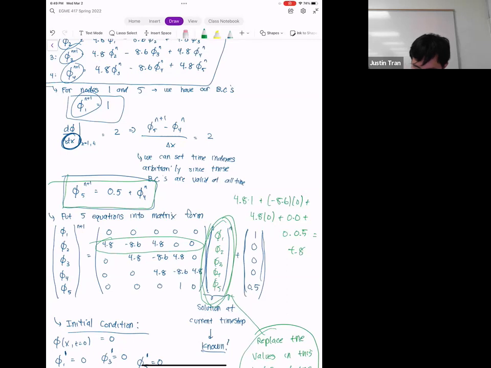Since we have phi 4 on the right side of the equation, we need this 1 here to reflect that. It's phi n, so it goes on this side of the equation, and all the n plus 1 terms get put over to the left. That's why phi 5 n plus 1 is right here, and because we had a 1 times phi 4, that's why it ends up there. Oh, okay. All right, thank you.